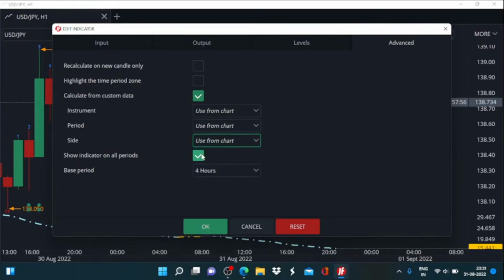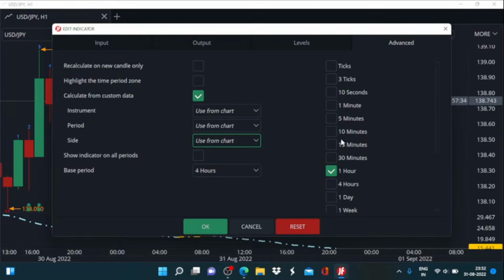Show indicator on all periods. If you have opted for this, whenever you change the chart candle period from, say for example, hourly to 15 minutes or any other candle period, the plotting will be there for the ADXR. But if you opt out of it, then you have to specify on which time frame the ADXR should be visible, and only on that time frame the ADXR output will be visible.